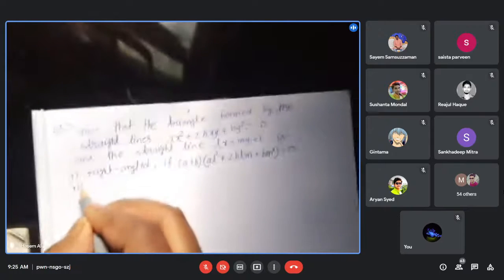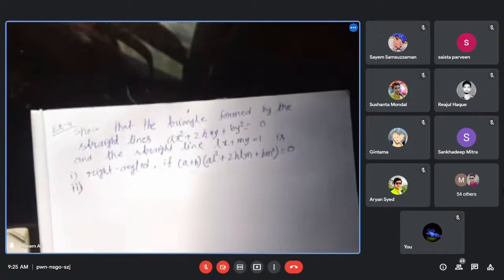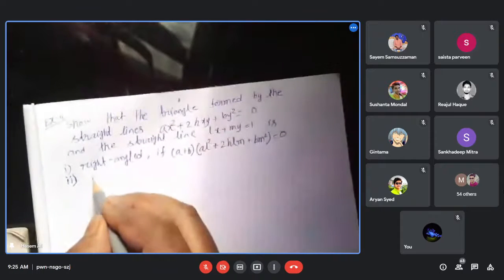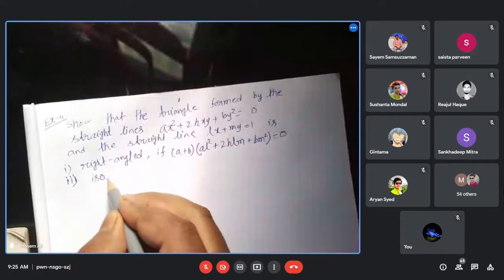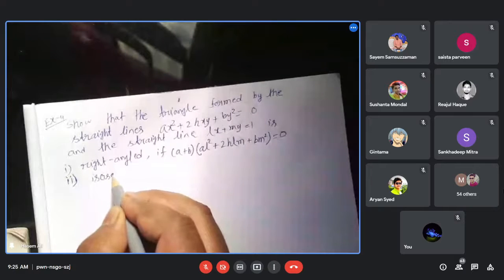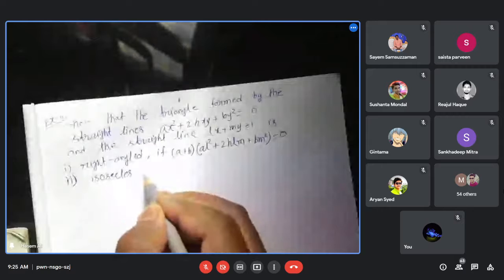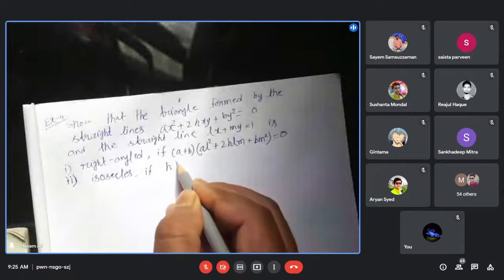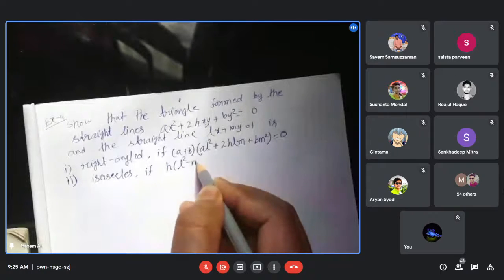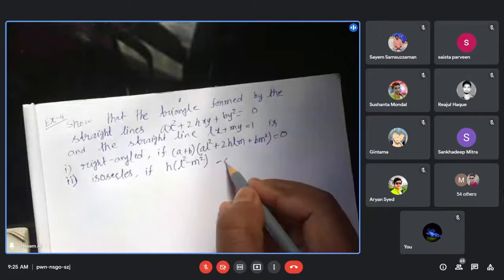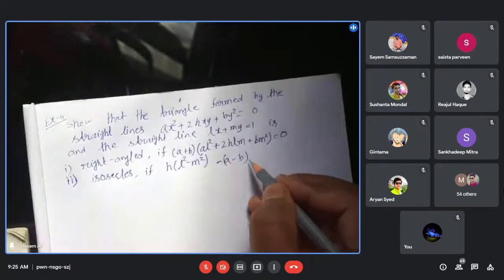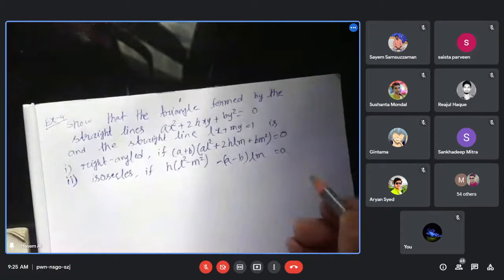Total three conditions. Second, isosceles, if h (l square minus m square) minus (a minus b) into lm equals to 0.